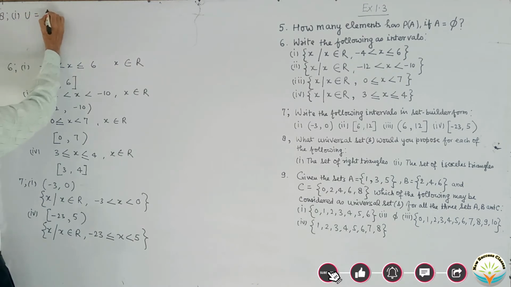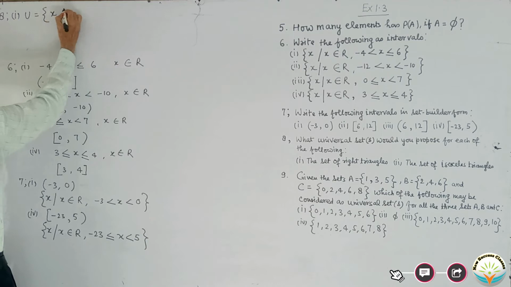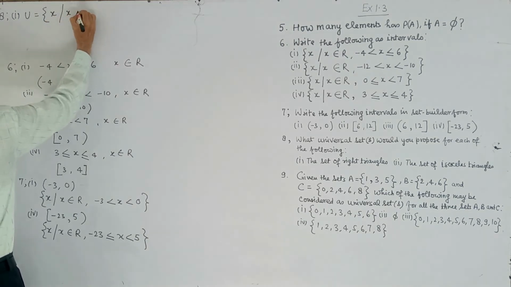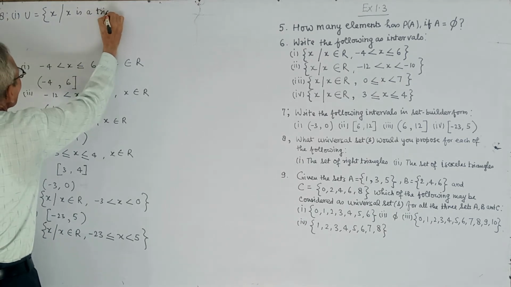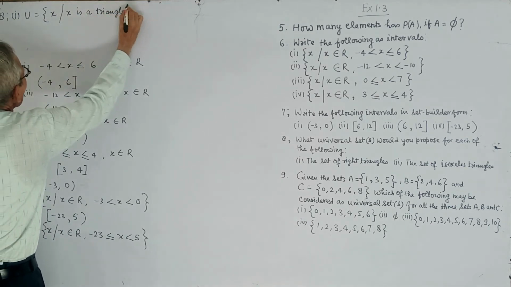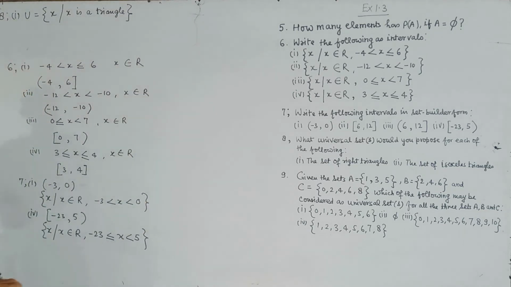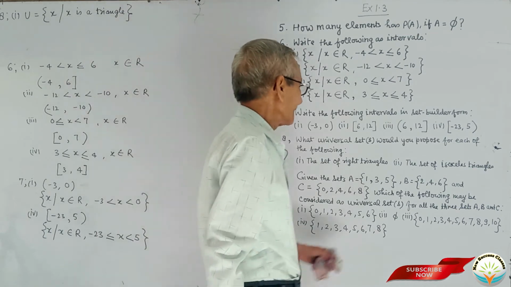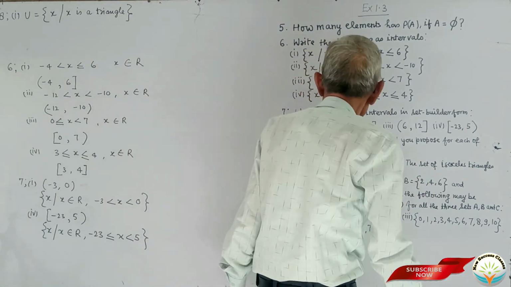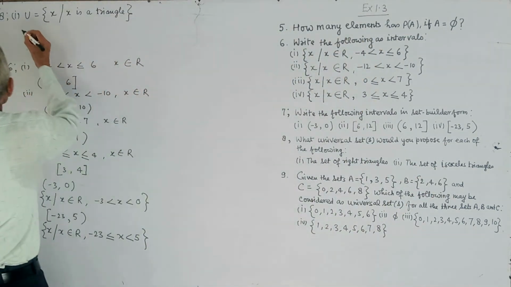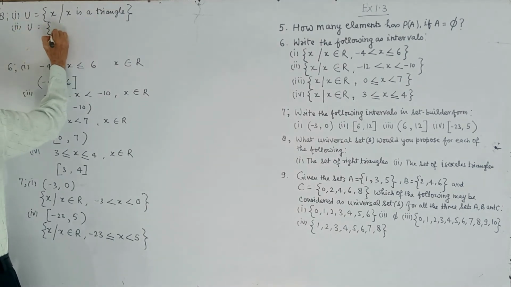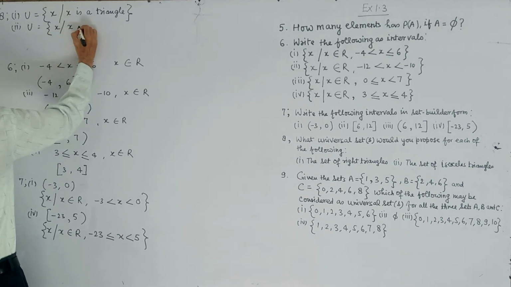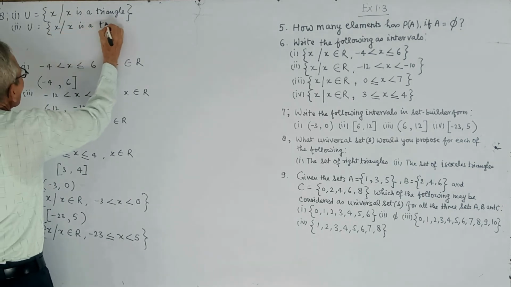U equal to x such that x is a triangle. Similarly, the set of isosceles triangles, in this also the universal set will be the same. U equal to x such that x is a triangle.